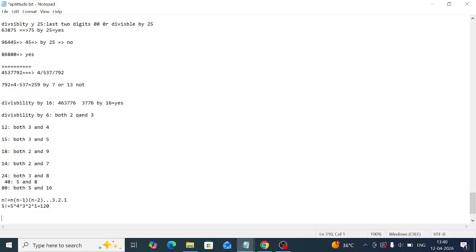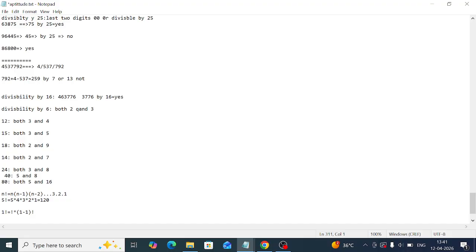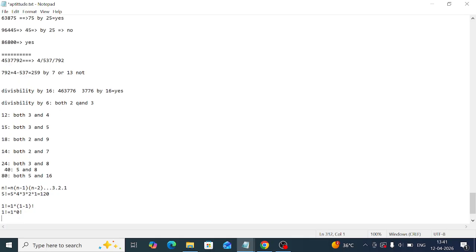So n equal to 1 means 1 factorial is equal to 1 into 0 factorial. We already know 1 factorial is equal to 1.